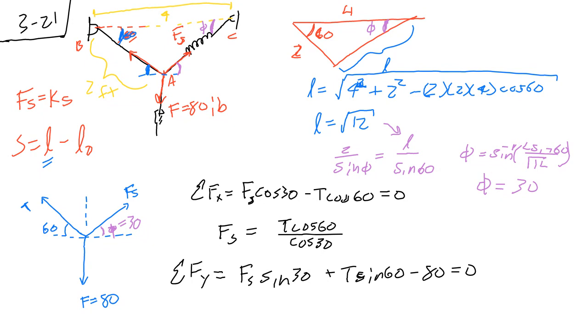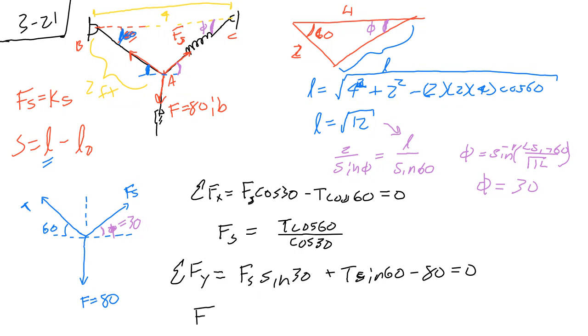Okay, so I guess you can basically see how we can solve for T. Use this one down here and solve for T and plug it in up here, or vice versa, solve for T here and plug it in down here to solve for the spring force, but I'll leave that to you. That's just algebra and whatnot.